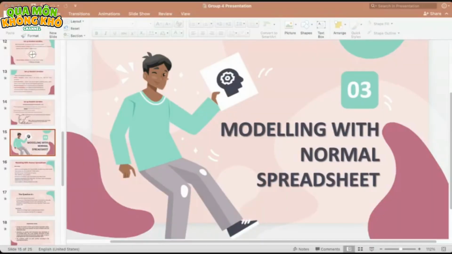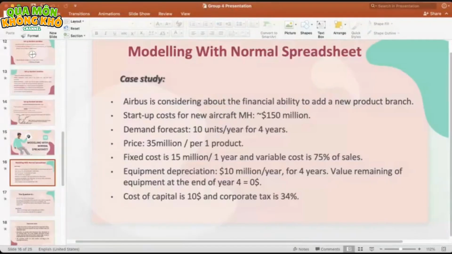Hello, teacher and everyone. Now I will continue with modeling with normal distribution, and we will move to a case study.